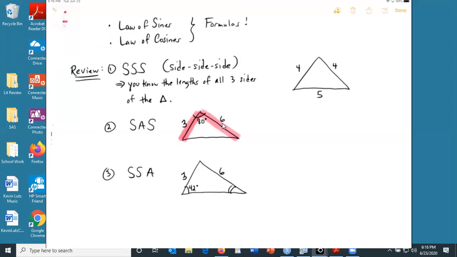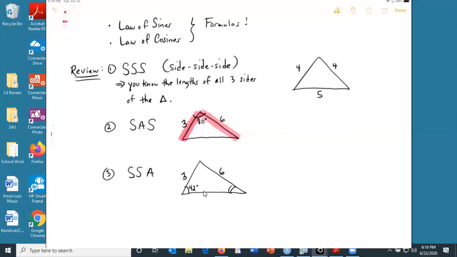So in a way, you would say that the angle is in between those two sides with lengths 3 and 6. Because these two sides form that angle. So side, angle, side means the two sides are forming the given angle.